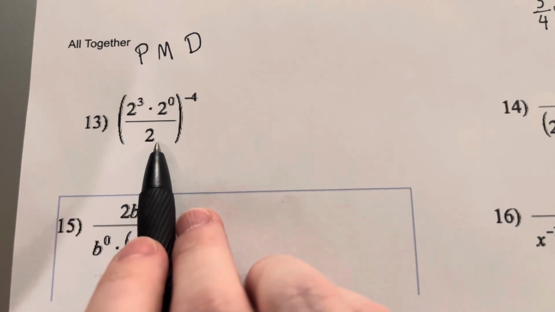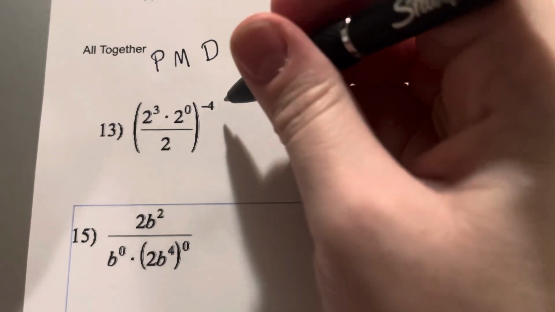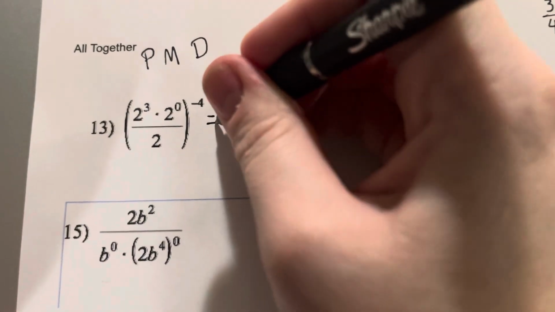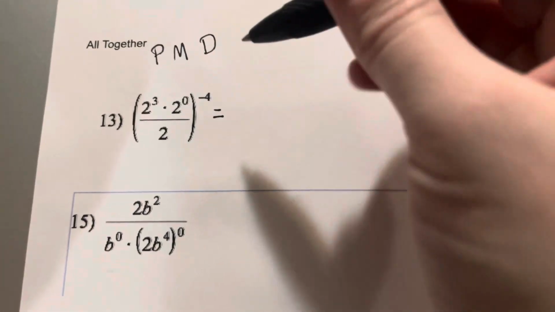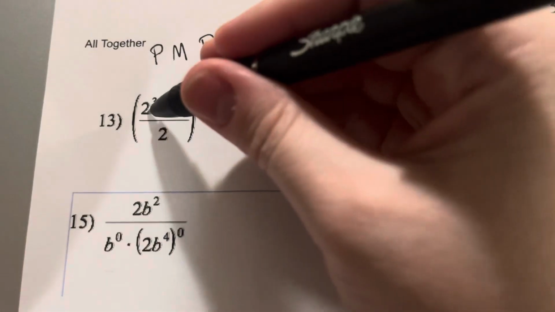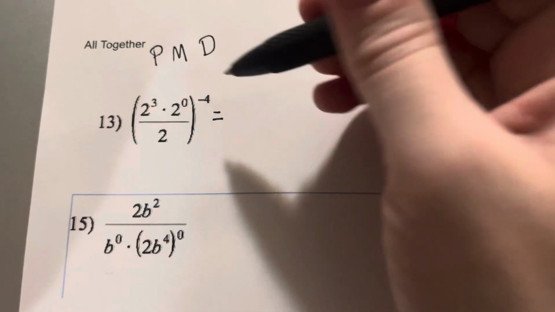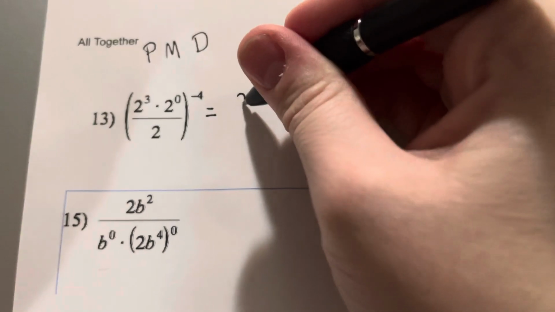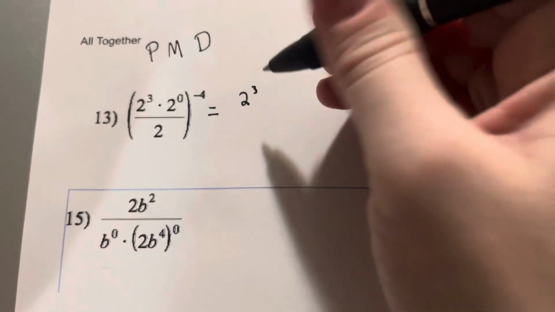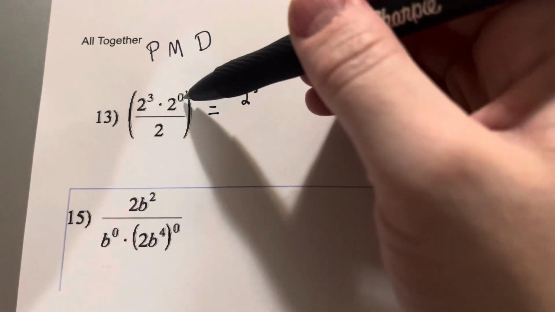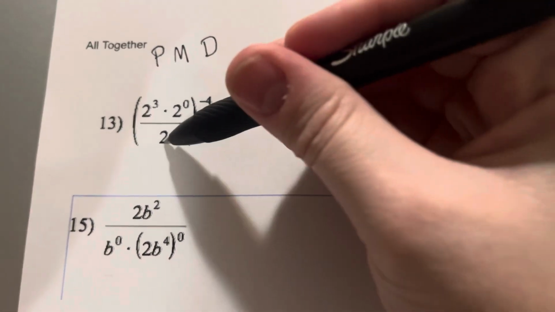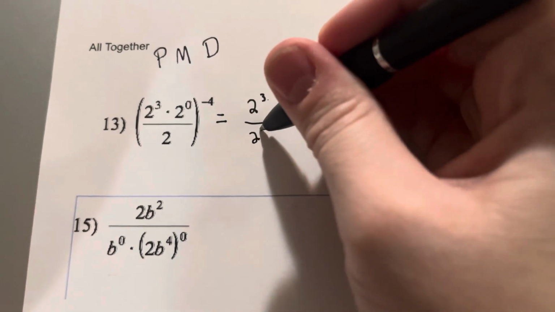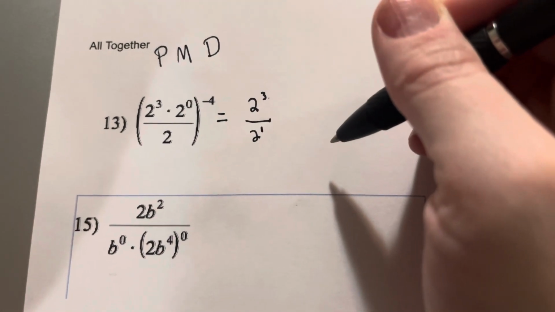All right, so the first thing we're going to want to do is inside has multiplication. So we will take 2 to the 3rd and 2 to the 0, and we will get 2 to the 3rd power because 3 plus 0 is 3. Then in the denominator, I have 2 to the 1st power because the 1 is hiding.